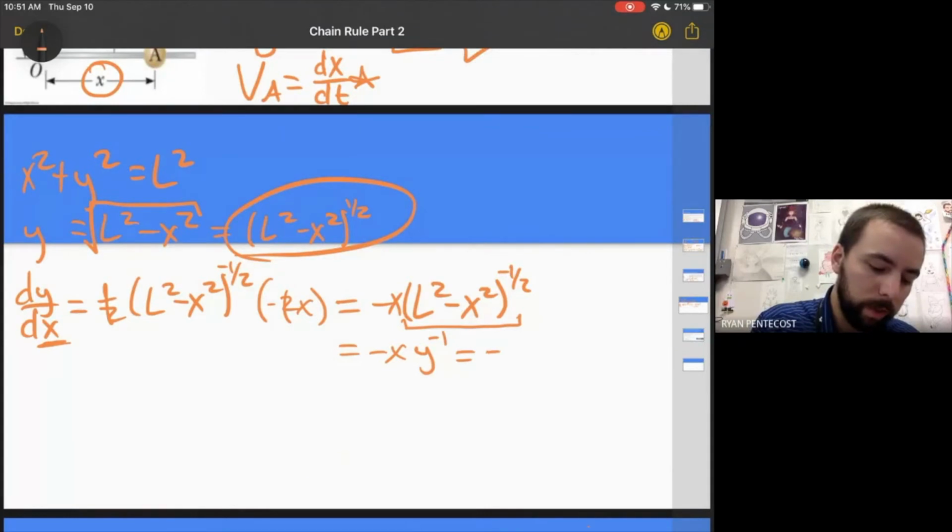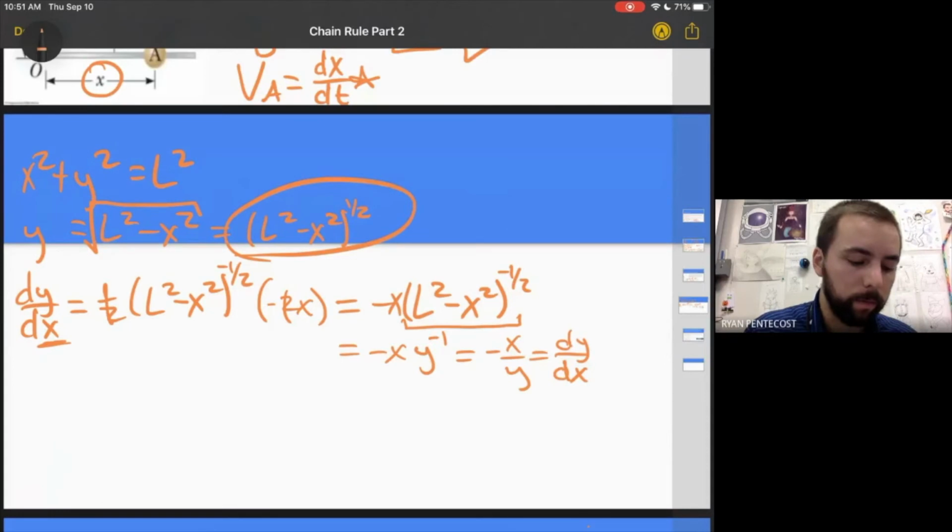So we could say that is negative x over y, and that would be dy/dx. Now, that looks nice and pretty, but we can't have y in that derivative. There shouldn't be a y in there.